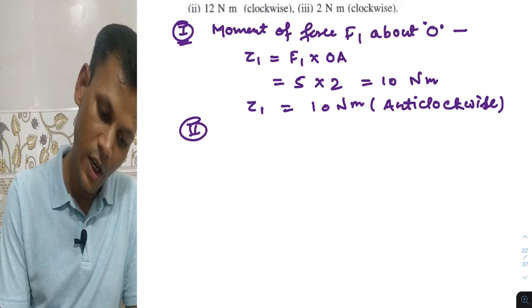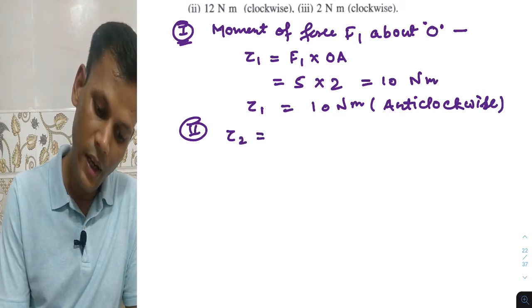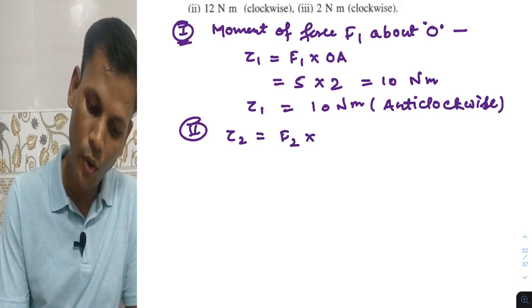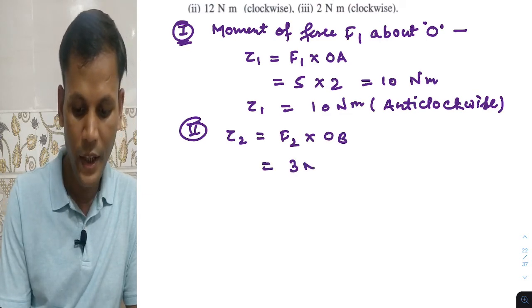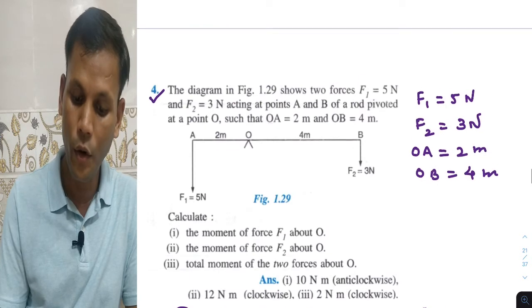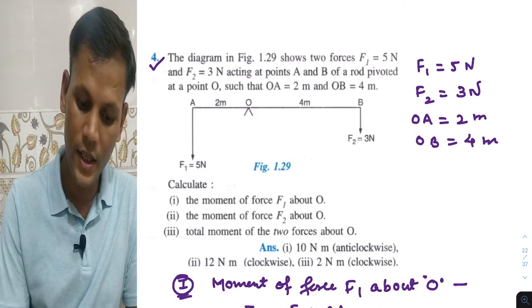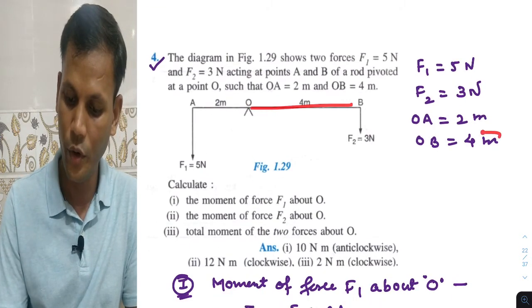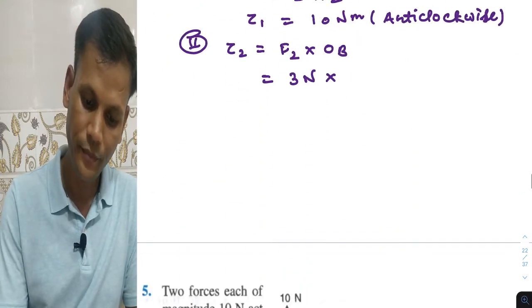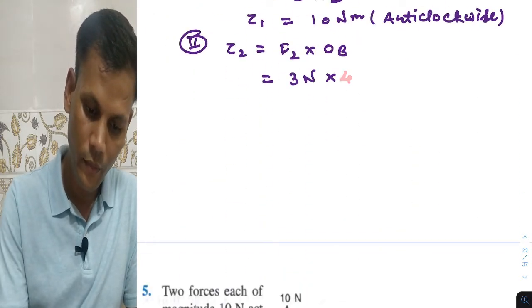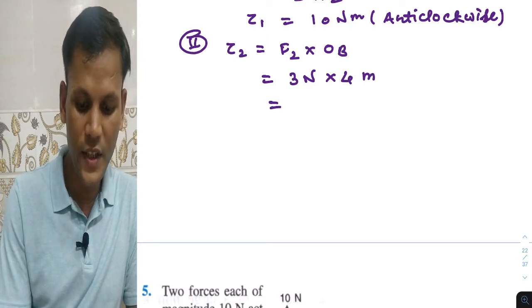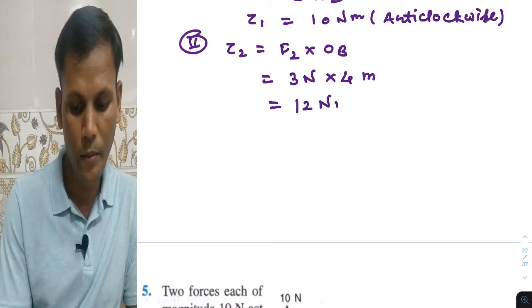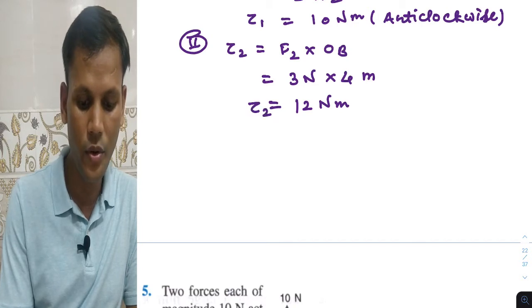So tau 2 will be F2 into OB, but F2 is 3 Newton and OB is 4 meter. So 4 3s are 12 Newton meter. It will be tau 2.